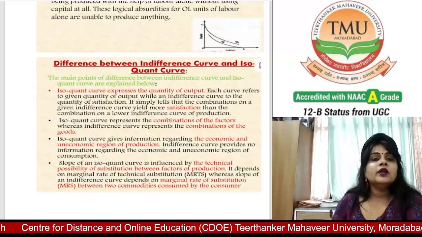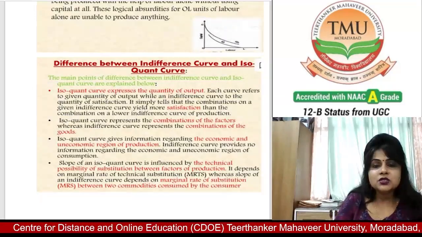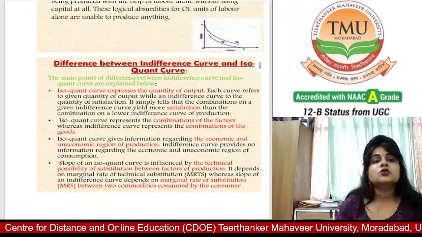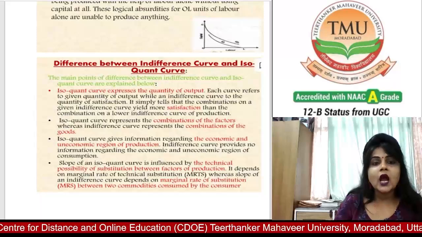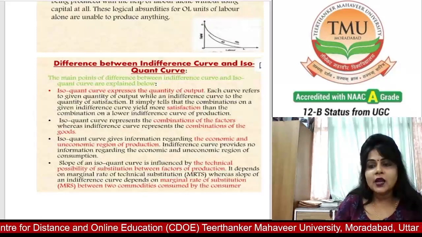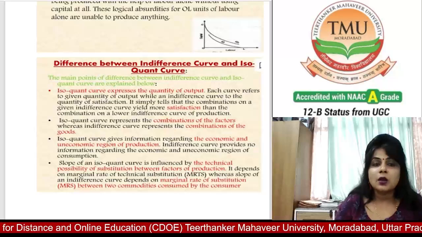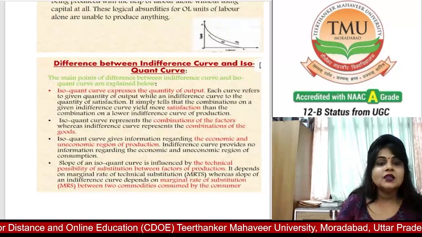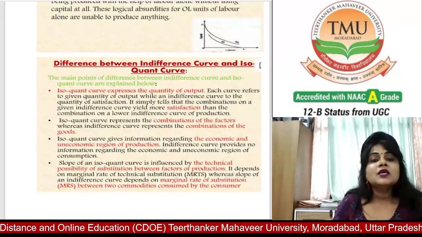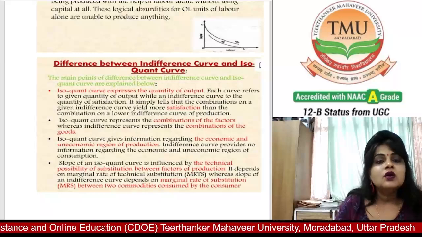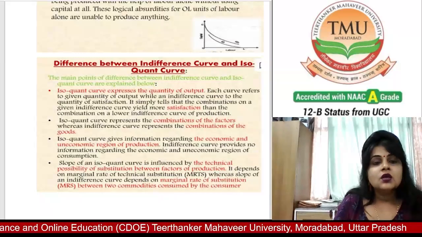The isoquant shows the combination of inputs used by the firm to produce a certain output level. On the other hand, the indifference curve shows the combination of commodities in a bundle that provides the consumer with the same level of satisfaction.